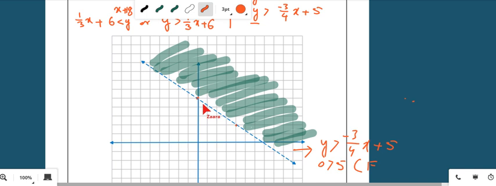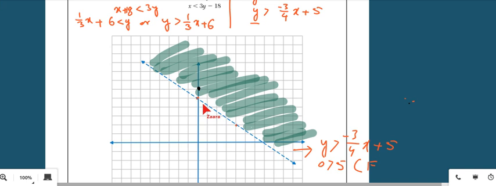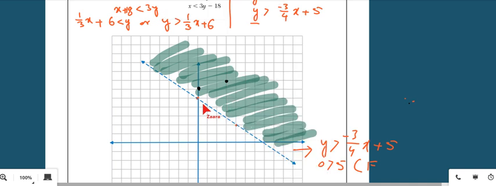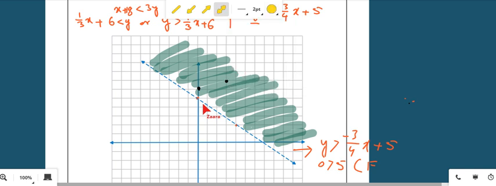The second inequality is y is greater than 1 over 3x plus 6. 6 is the y-intercept, so my starting point would be here. Then the slope is 1 over 3, so I will move 1 unit up, 3 units right. 1, 2, 3 units right. Okay, so let's make a line for that, and I will choose this color.